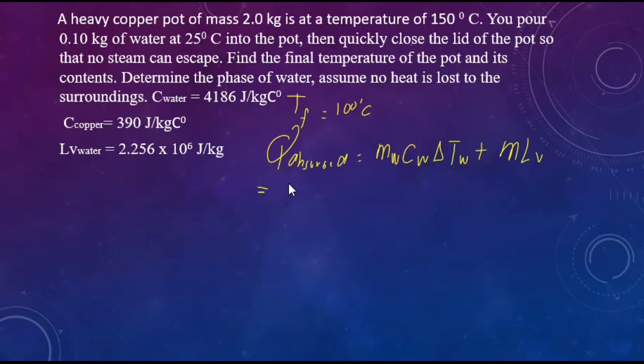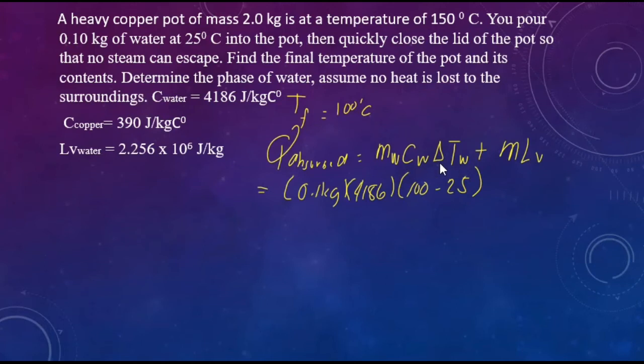Then let's check the value. We have the mass of the water, it's 0.1 kilogram. C of the water here, we are using joule. So C of the water is 4,186 joule per kilogram Celsius degree. Delta T, the initial temperature was 25, our final is 100, so 100 minus 25.